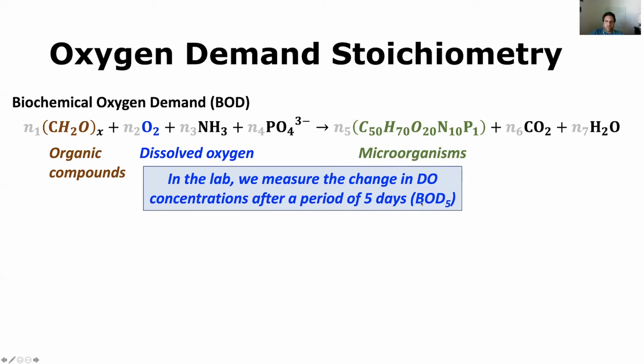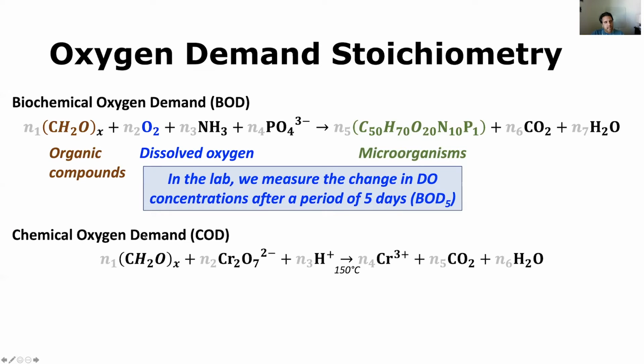We usually use the subscript BOD5 to distinguish BOD5 from BOD ultimate, which would be if we were to run the test for a much longer period of time. The chemical oxygen demand, as I mentioned, is how much organic matter is chemically oxidized using dichromate.